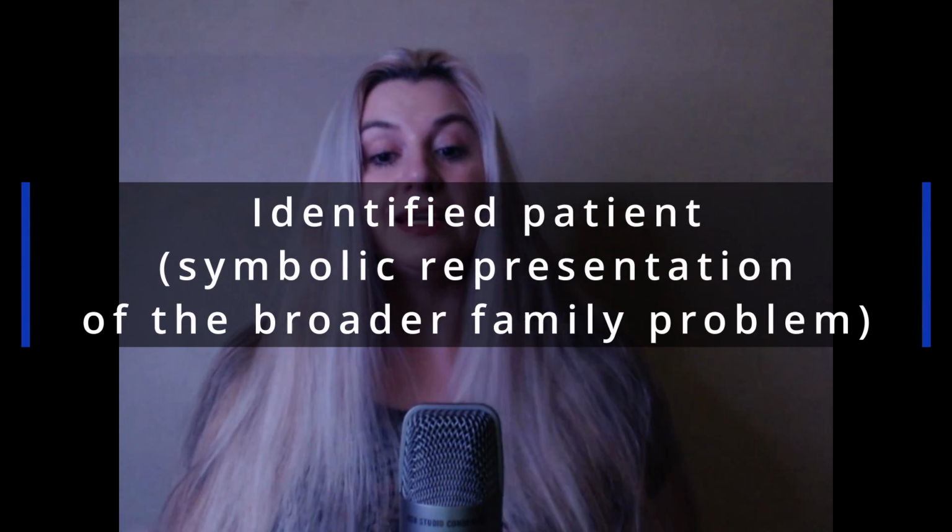Some of the goals in family therapy would be to identify the strengths and the weaknesses of the family system. So what is working in their communication, in avoidance, or in going through to try and fix the problem. And usually in a family system, we always have at least one identified patient who the family identifies as being the problem.